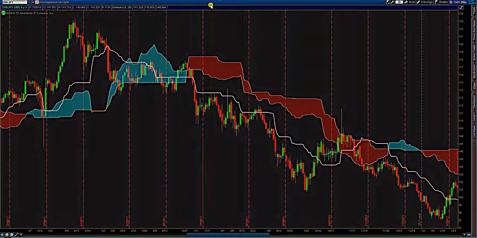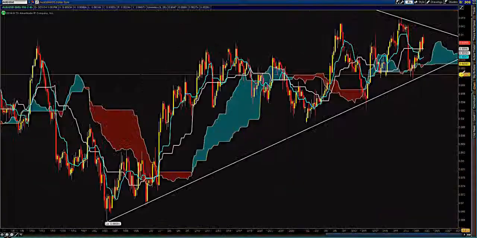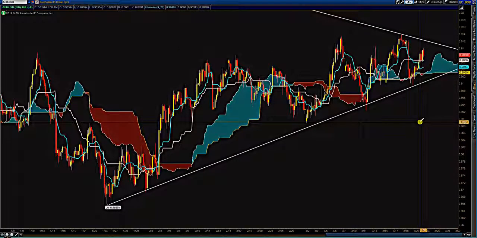And last but not least, look for crossovers. And again, crossovers don't work well with every pair. So the Tenkan Kijun crossover might not work as well with the pound Kiwi as it does with the Aussie dollar.